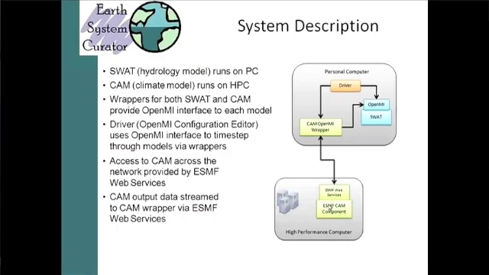The communication mechanism we're using between the two models, what we've used to bridge them together, is called OpenMI. Both CAM and SWAT have been wrapped with an OpenMI interface, and that's all here on the personal computer. In order to drive the system, up here, OpenMI comes with a configuration editor, and I'll go into that in a minute. But it's the driver of the system, gets things kicked off and running.